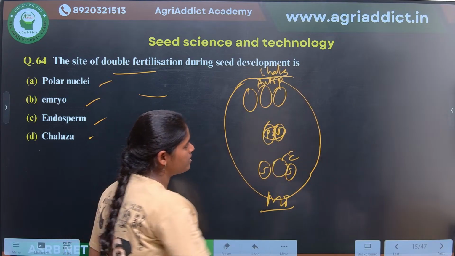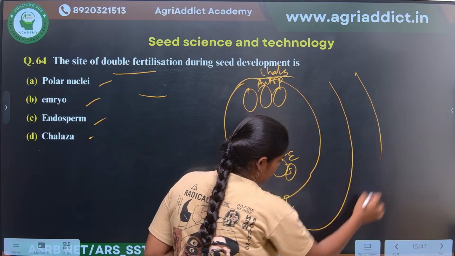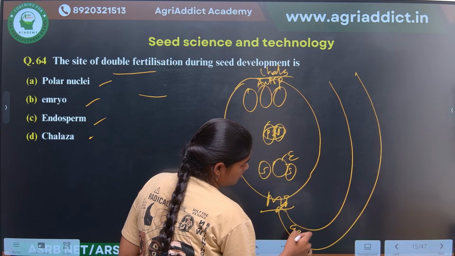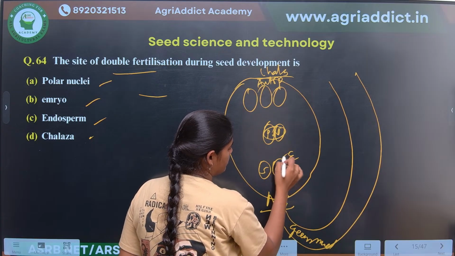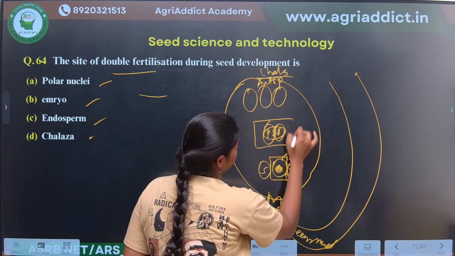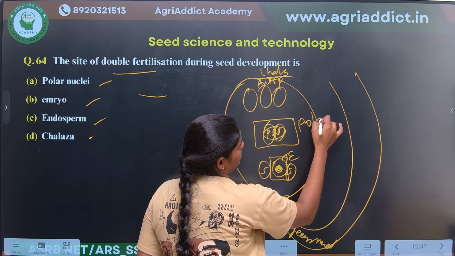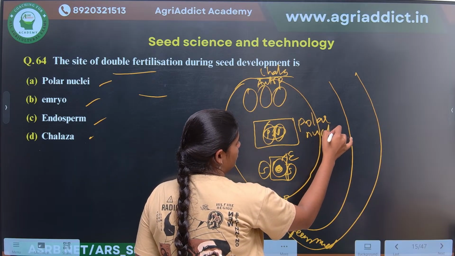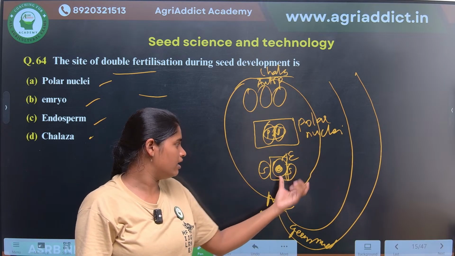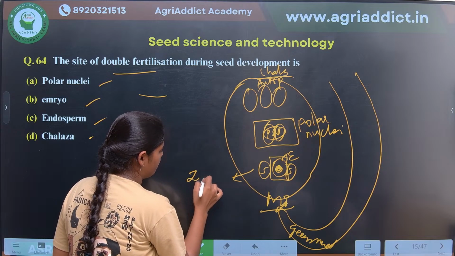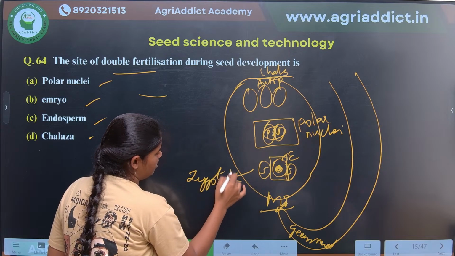Double fertilization means we are getting two germ nuclei, where one will fuse with the egg cell and the other will fuse with the polar nuclei, the central nuclei. If it only fuses with the egg cell, it will, as usual, form into a zygote. That is fertilization.